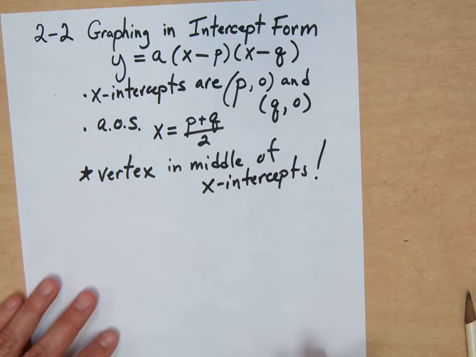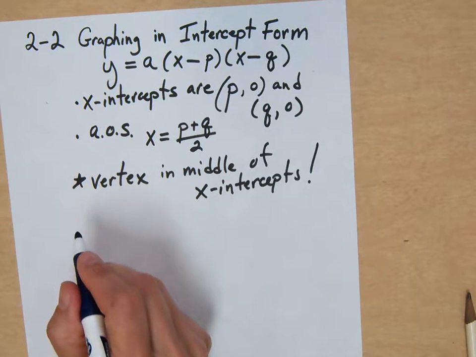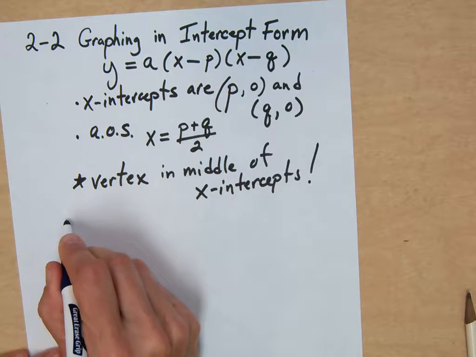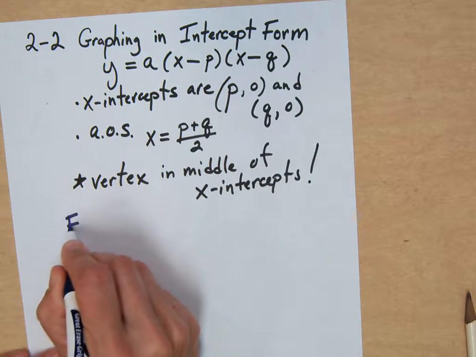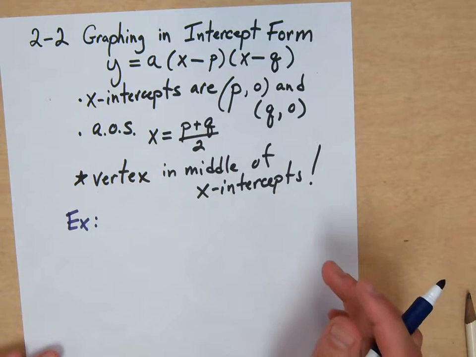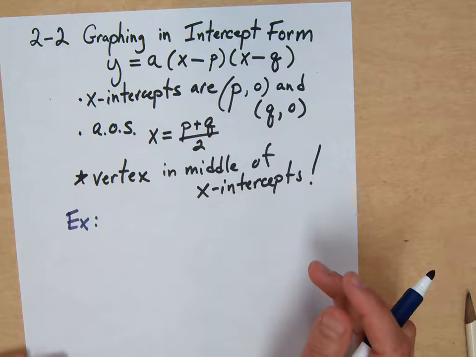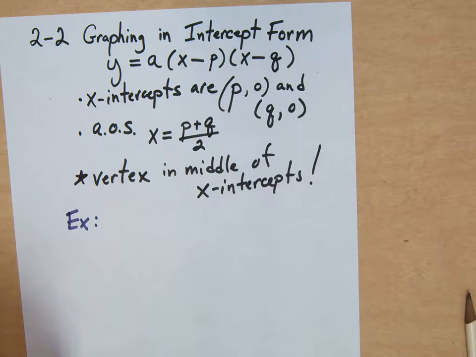And then we can do an example in blue ink. What might the disadvantage be? Here's an example while you're thinking. When would this form not be useful? Anyone think of something? Picture parabolas. Do they always have x-intercepts?